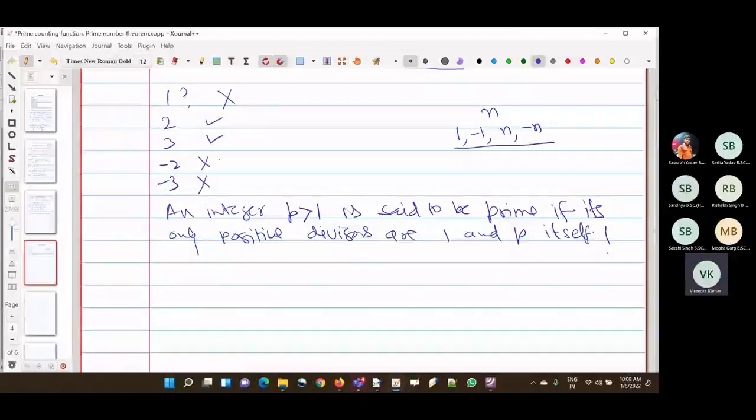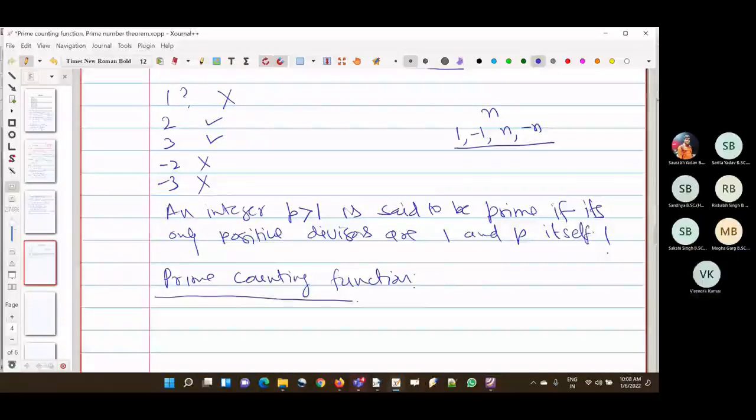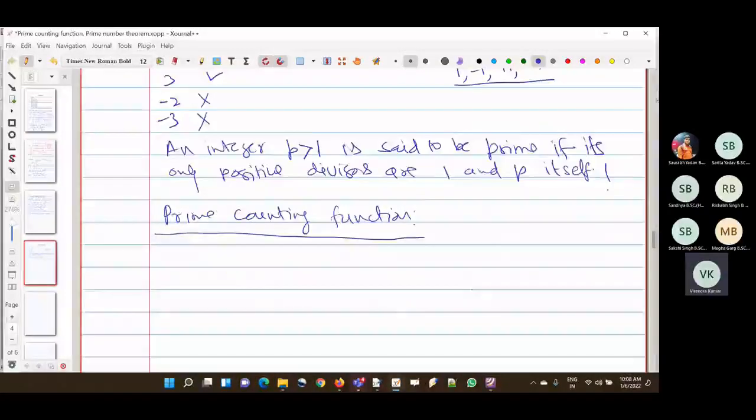There is a function defined, a prime counting function. And we also estimate the growth of the primes by an upper bound.